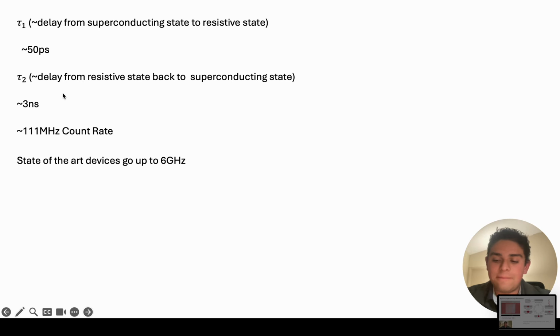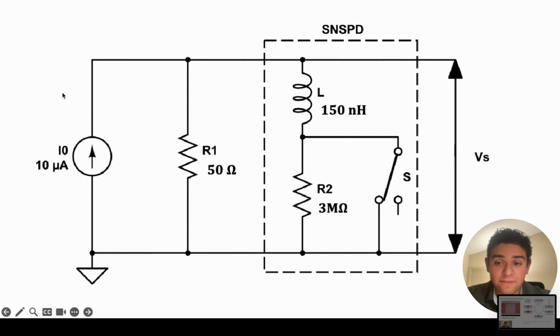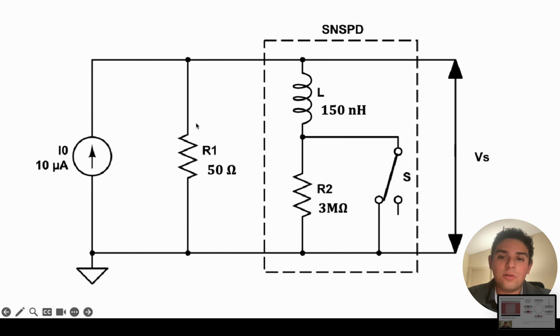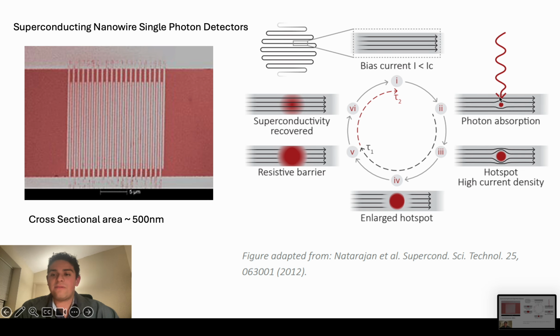So if we calculate the time constant in the first circuit as it's shown here in the detection state, we have a delay from superconducting to the resistive state of about 50 picoseconds. So what that means is from a photon being absorbed to creating this resistive barrier, breaking down the superconducting state, it's somewhere on the order of 10 to the minus 12 seconds. So it's very, very small.